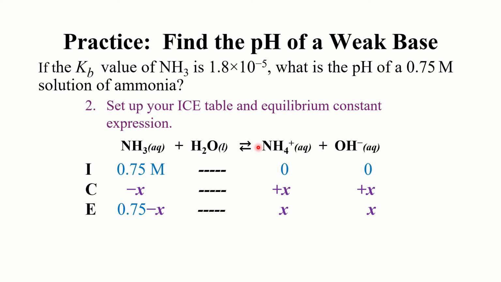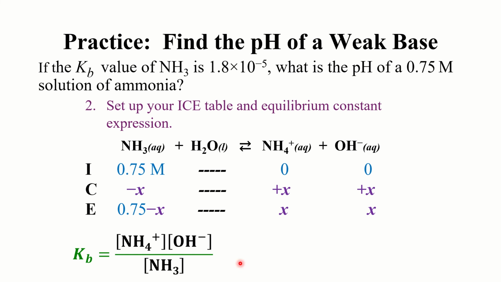Here, everything has a coefficient of 1, so our change would be minus X for NH3 and plus X for these two products, giving equilibrium concentrations of 0.75 minus X for NH3 and just X for both products.